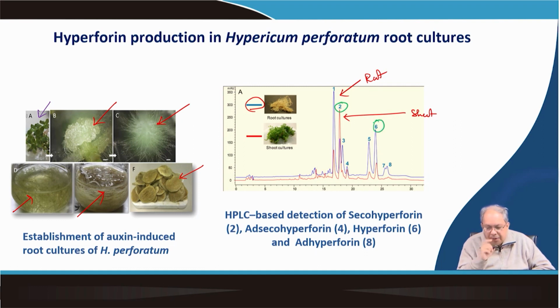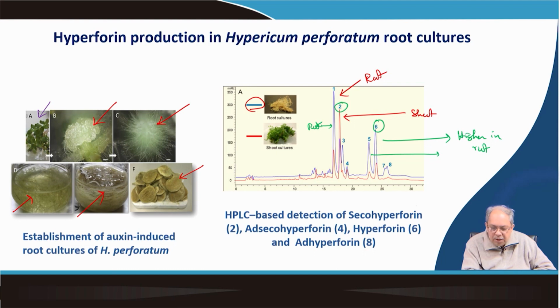Here you see that the production of hyperforin is higher in root, whereas secohyperforin is more in the shoot. Number 8 is adhyperforin, which is almost undetectable in the root. Apart from that, there are other compounds like number 5, which is more in the root, and also number 1, which is also more in the root. So, this indicates that root cultures are indeed very promising for the production of these compounds and for subsequent study.